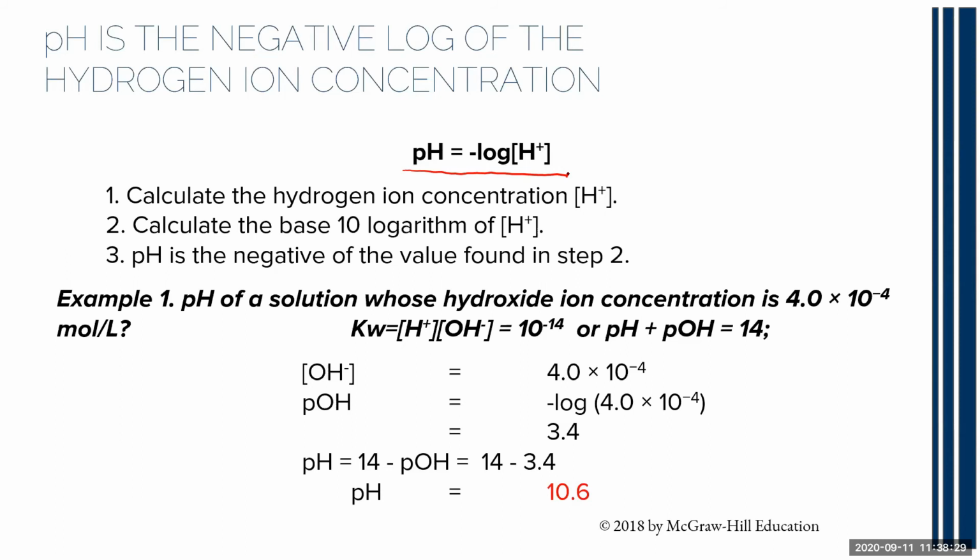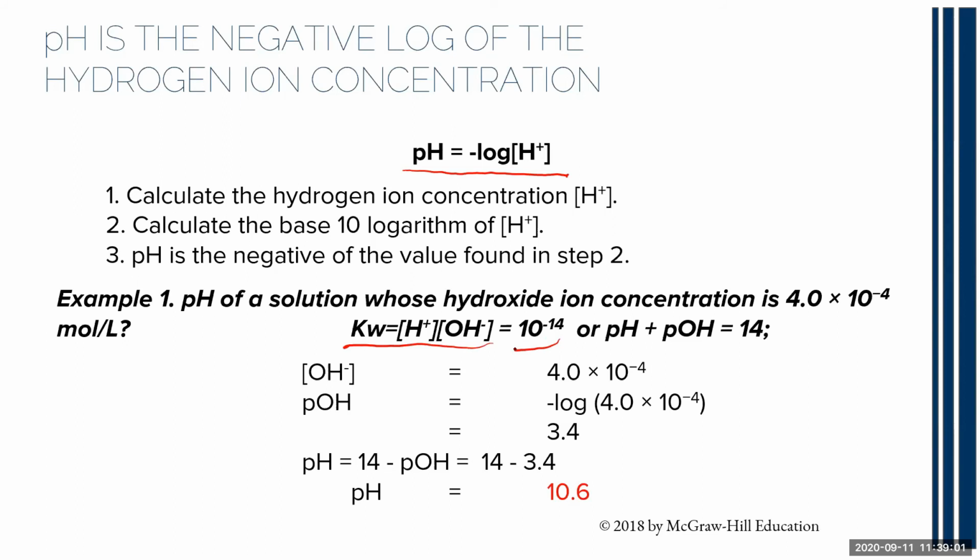So for example, what is the pH of a solution if its hydroxide ion concentration is 4.0 times 10 raised to the power of negative 4? So remember the formula for the ion product constant for water. We have the ion product constant for water, and this is the value, 1 times 10 raised to the power of negative 14.